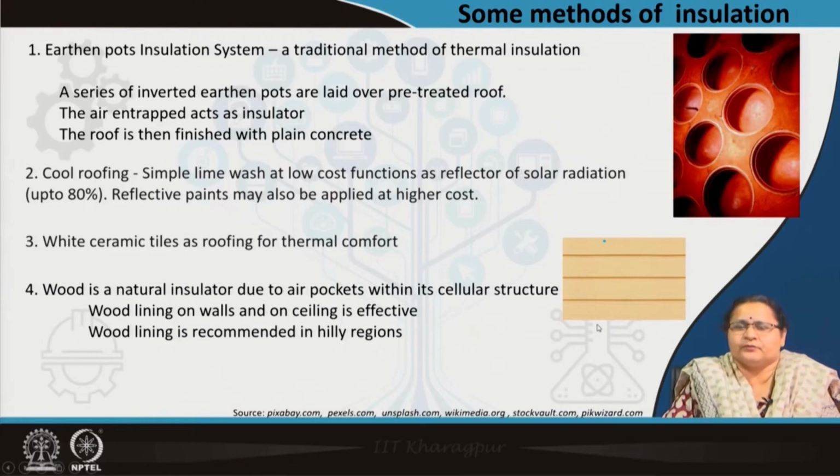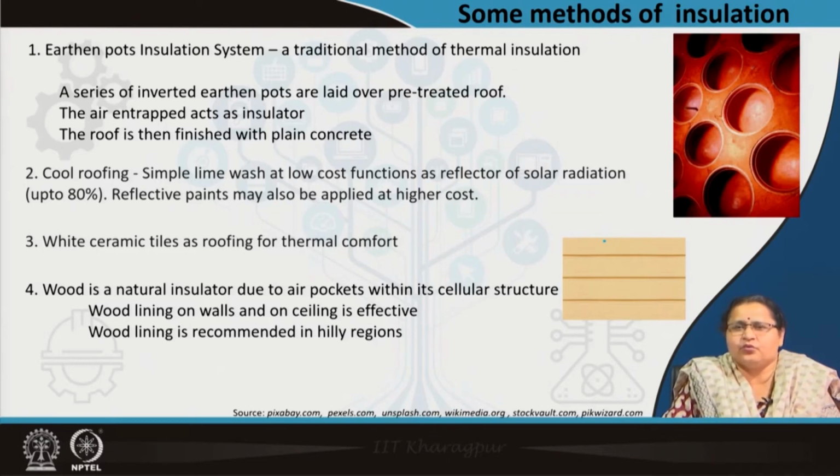Coming to wood, as I have told, trapped moisture and trapped air within glass fiber, steel, glass fiber, rock fiber, mineral wool and glass wool is the crux of thermal insulation. Wood is also a natural fiber, where due to the removal of moisture, air pockets are formed, a very small cellular structure at the cellular level.